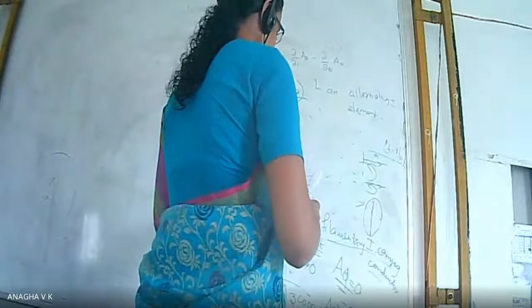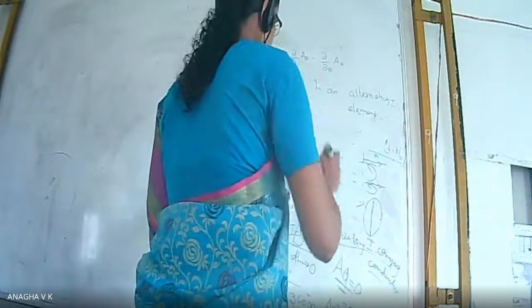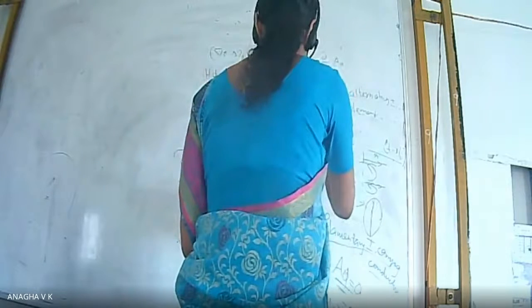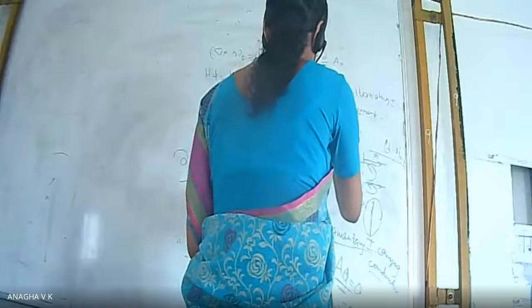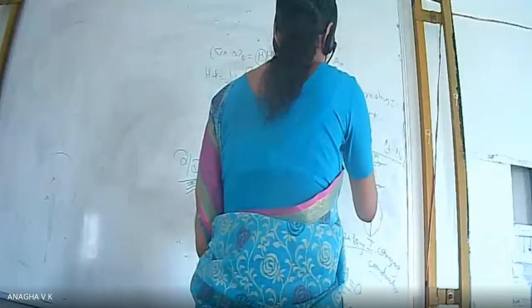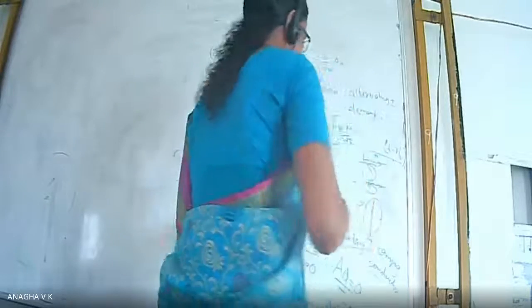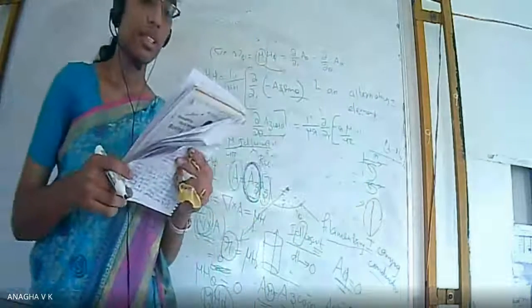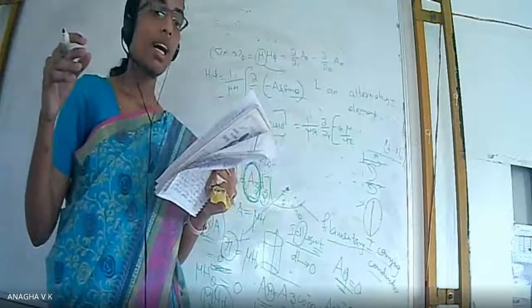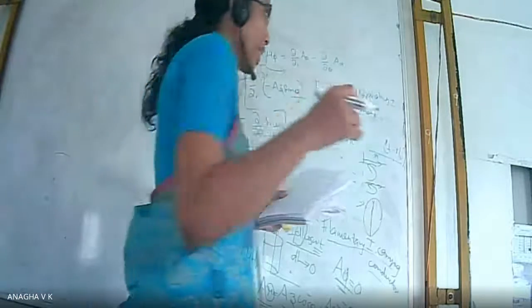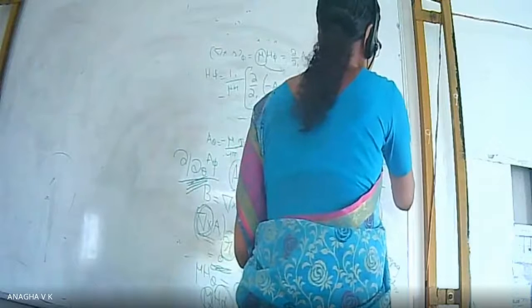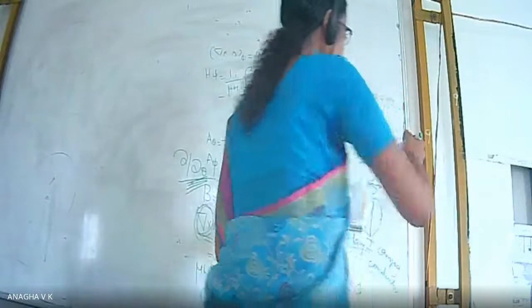So what? Equal to 1 by mu r dou by dou r minus r mu by 4 pi. What is this AZ? We have written earlier AZ. AZ is nothing but Idl cos omega t minus r by v.